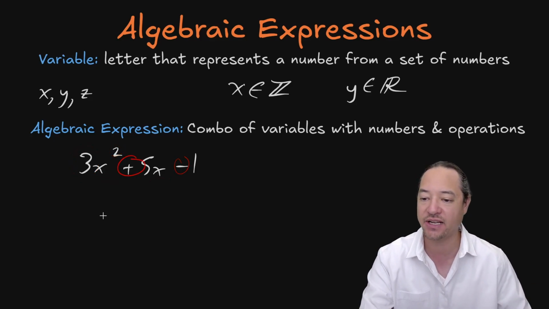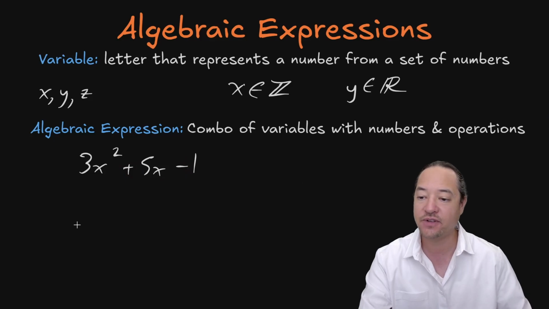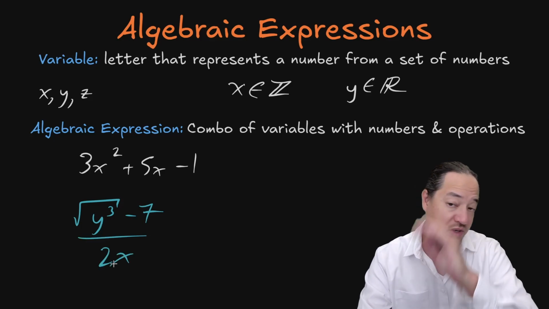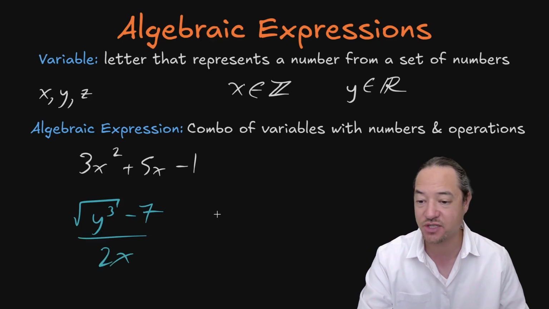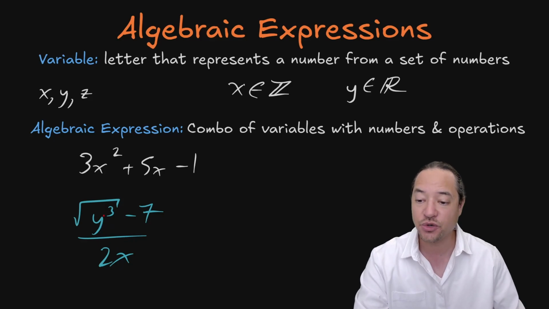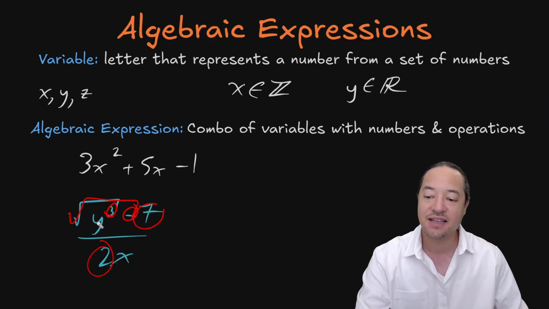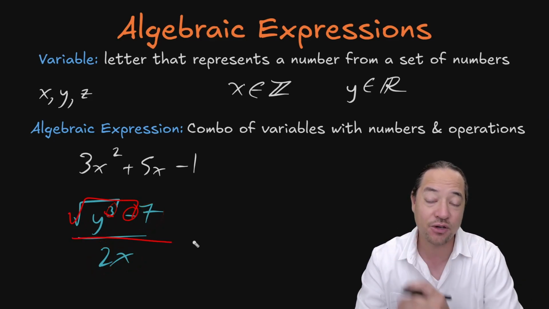That's an algebraic expression. We could also have another one. How about the square root of y cubed minus 7 divided by 2x, whatever you want, another algebraic expression here. Clearly, we're going to have variables. Clearly here, there are numbers, and there are operations that are combining all of these things together.